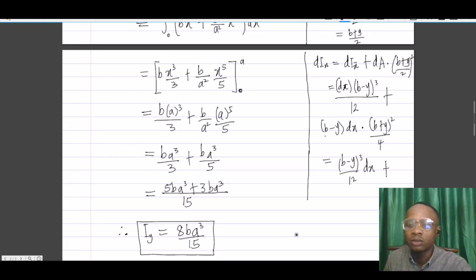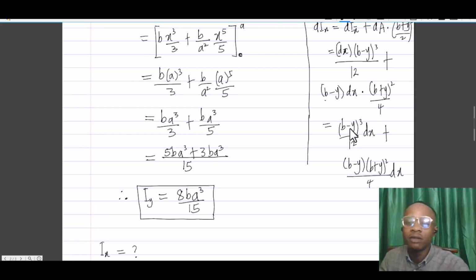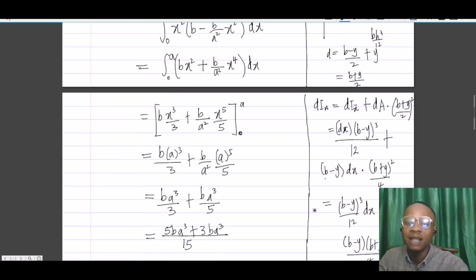So this is going to be equal to b minus y multiplying that, then we can put in the dx separately. So this is going to be b minus y multiplying b plus y all squared, all divided by 4, then multiply by the dx. So we have our expression for the dIx.